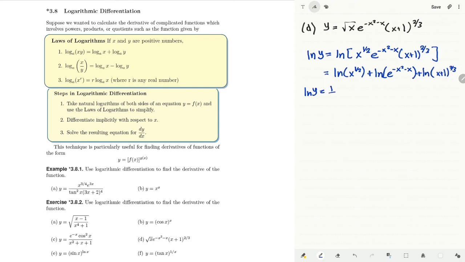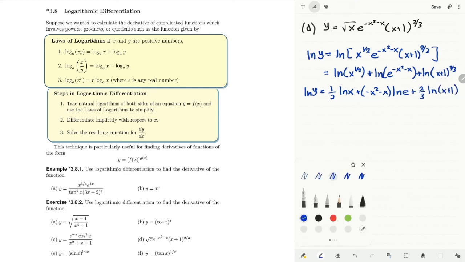We have 1/2 times the ln of x minus negative x squared minus x times the natural log of e plus 2/3 times the natural log of x plus 1. And we know that the ln of e is equal to 1.